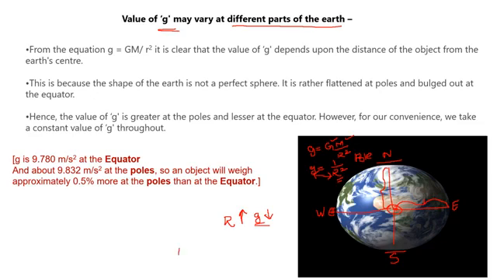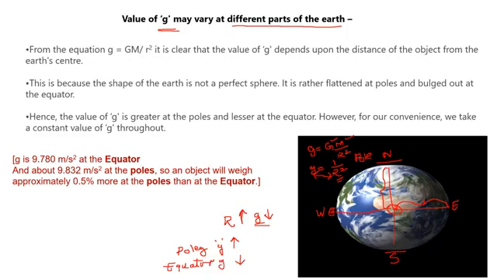So at the poles, small g is more. And at the equator the value of small g is a little less. Let's see what is the value.